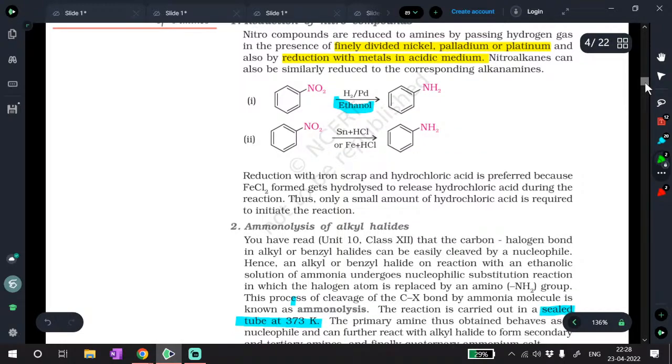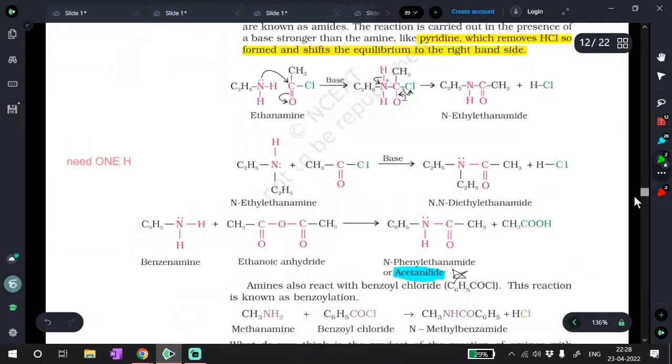NO2 to NH2, NH2 to NO2. So that is a very good point.